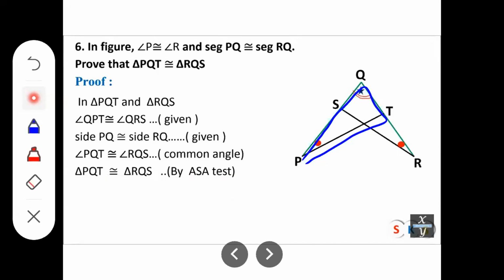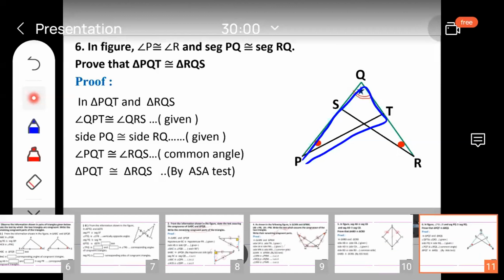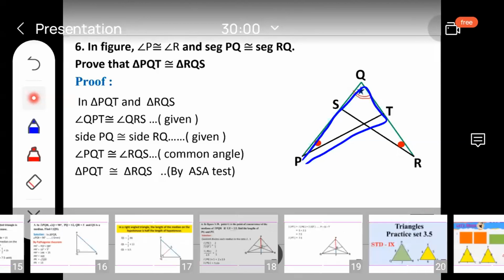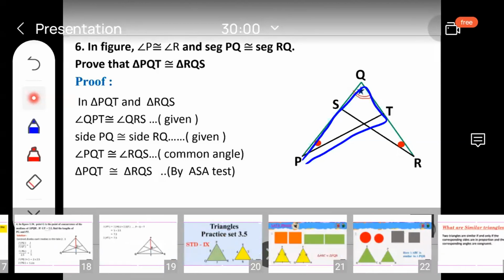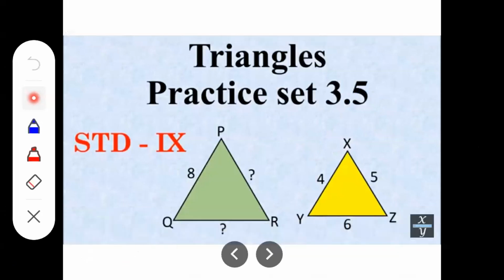From example 2 there are 6 options here, and those will come for 2 marks each. Now directly we will see the last practice set, that is 3.5, because it will come for 1 and 2 marks, and those we are learning.